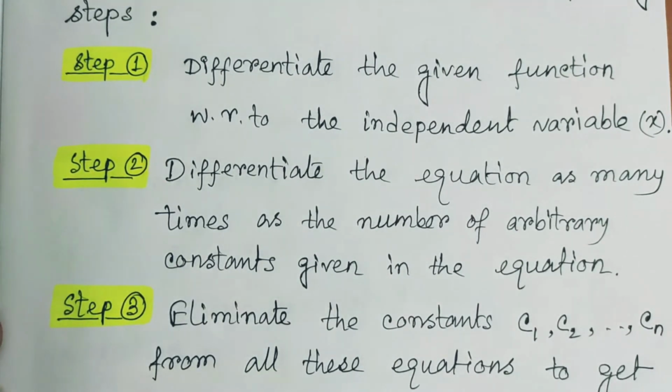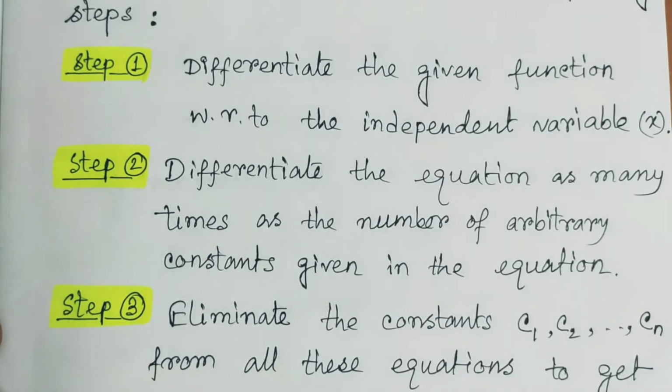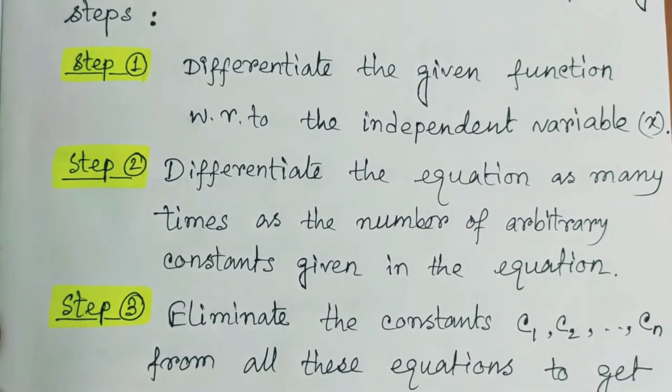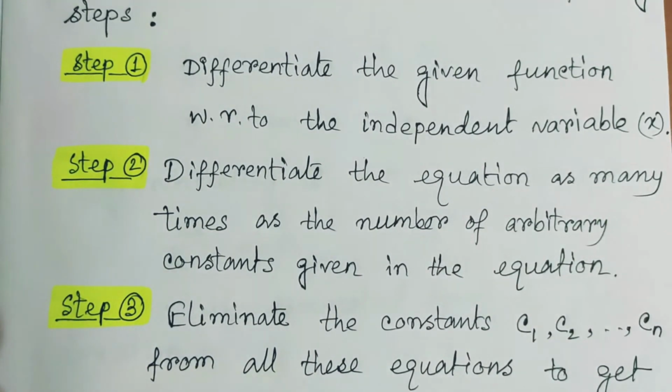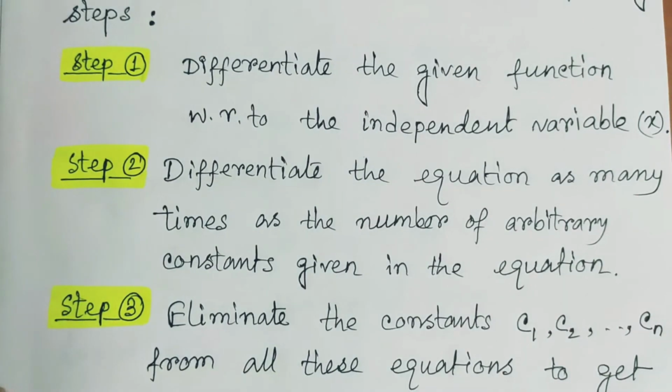In fact, along with the given equation, if n constants are there, then n extra equations are generated, so a total of n plus 1 equations. Using all those equations, we eliminate the arbitrary constants to form the differential equation.